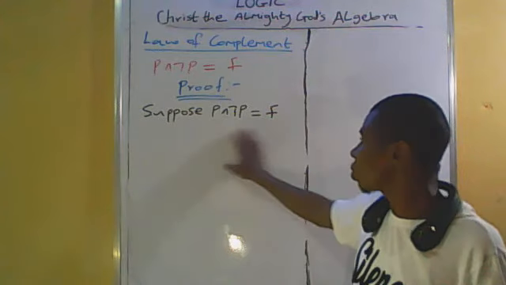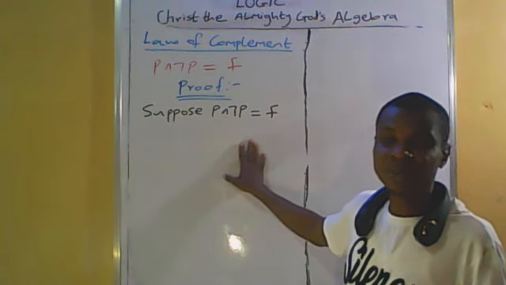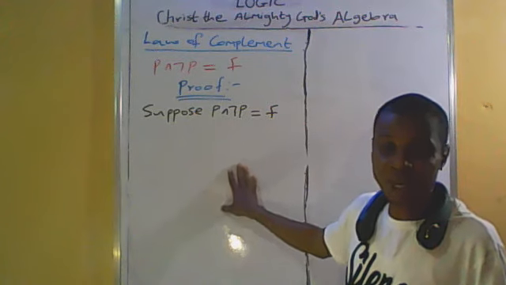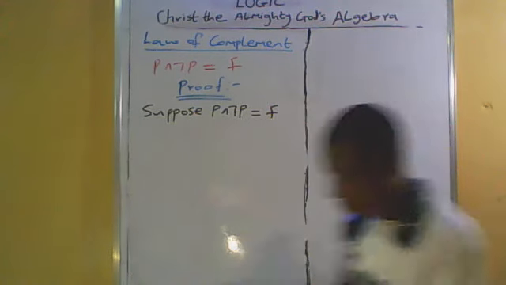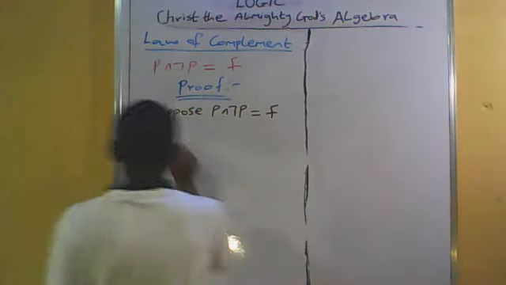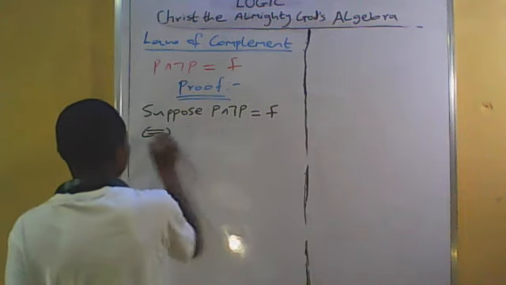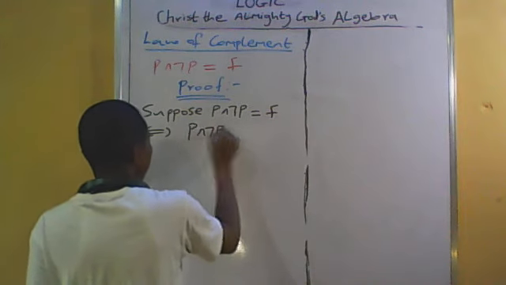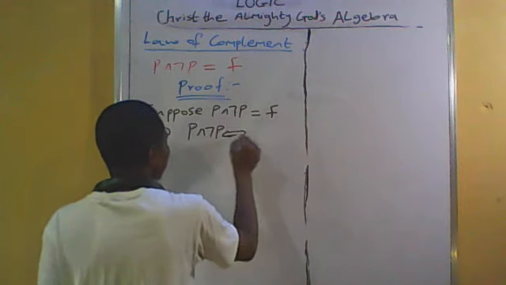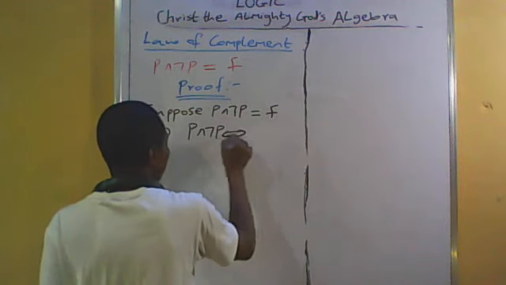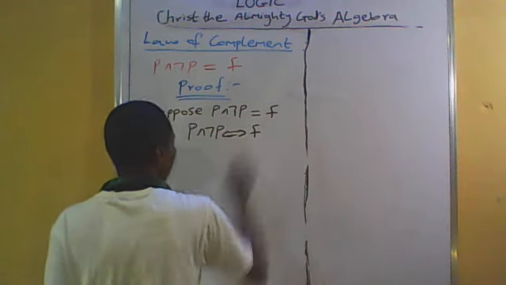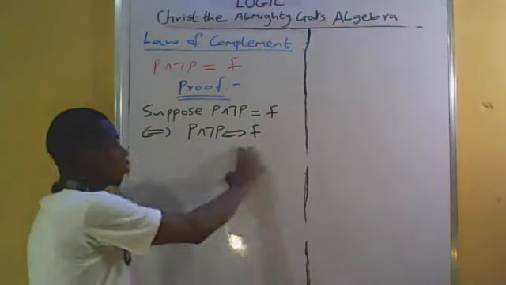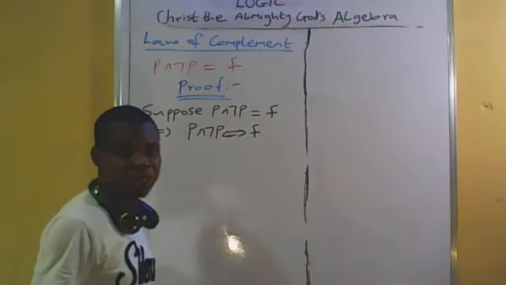So since it is logically equivalent, we can transform it to a biconditional statement. That is, P and not P if and only if F. Now we have transformed it to a biconditional statement.